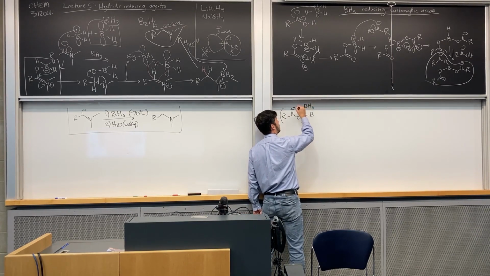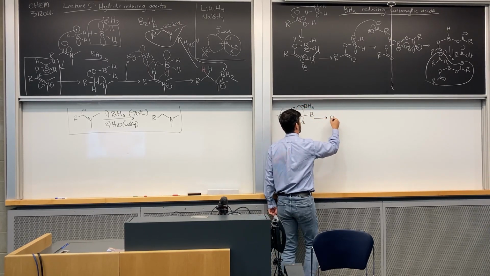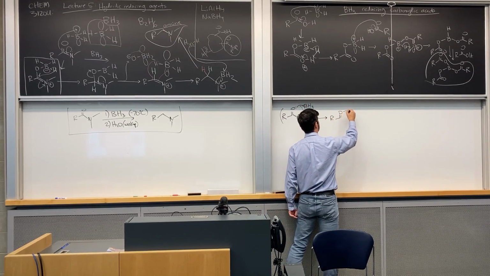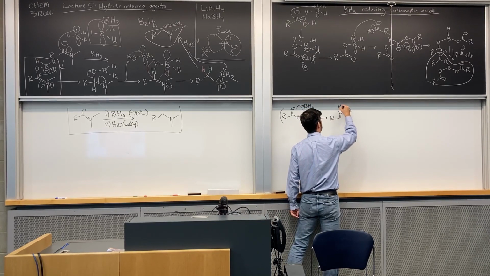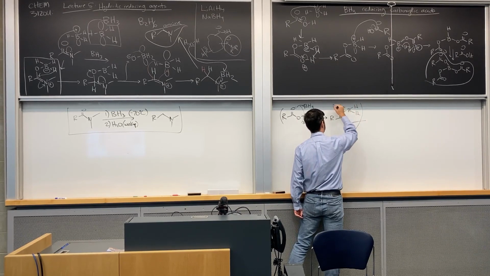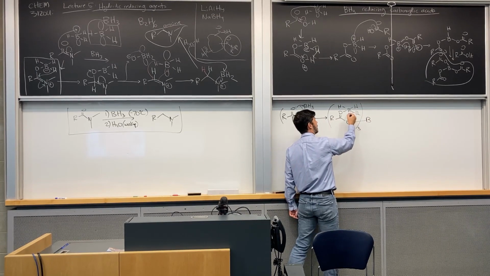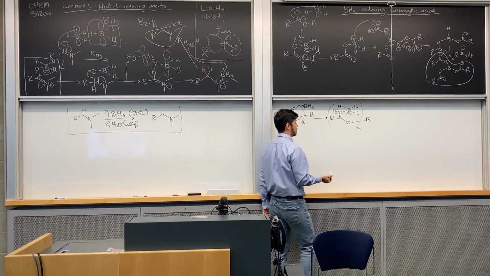Okay, so now we can imagine a case where we're going to get another molecule of boron trihydride reacting, and now you have a negatively charged boron, positively charged oxygen.